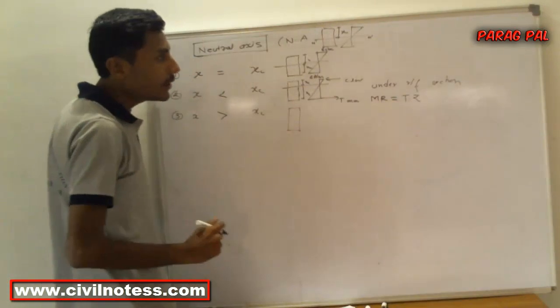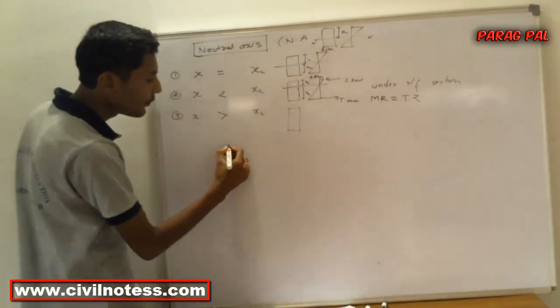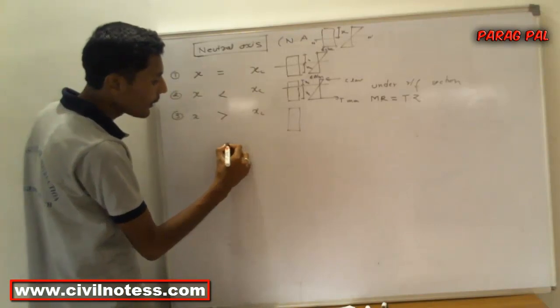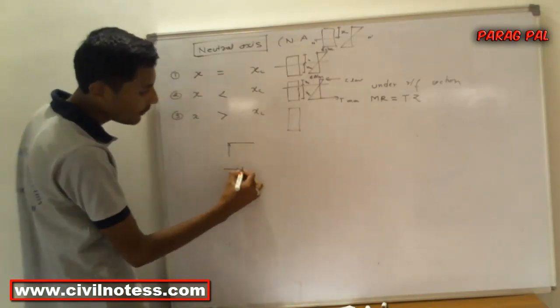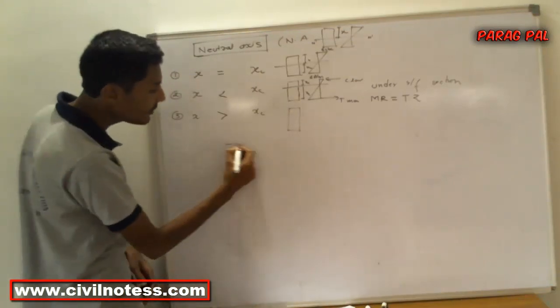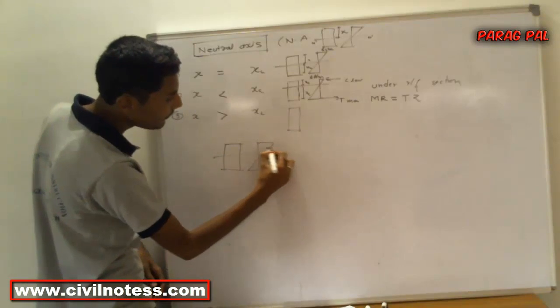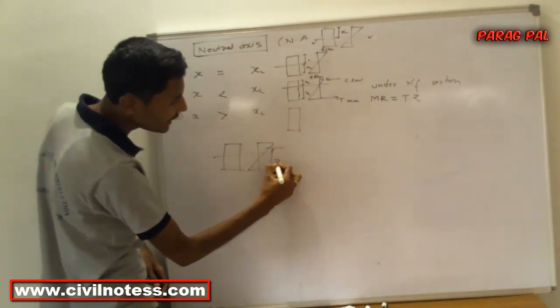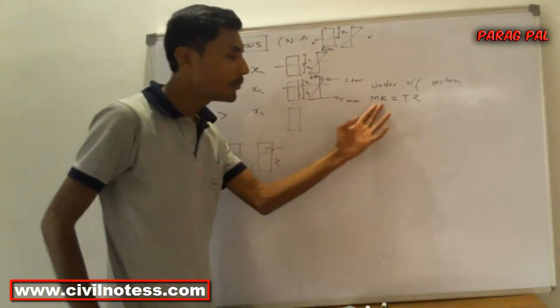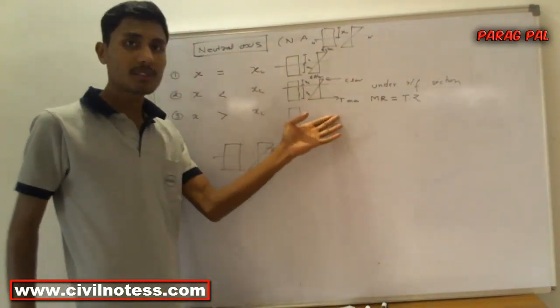So T into lever arm, that means what does the moment of resistance mean? What is the formula for moment? It is force into perpendicular distance. So what exactly is the lever arm? The lever arm is nothing but the distance between compression and tension. So in the moment of resistance in an under reinforced section, the steel is taking the maximum permissible stresses.